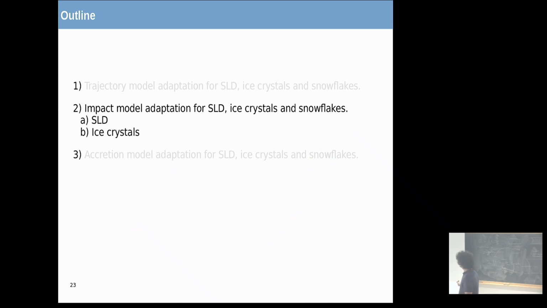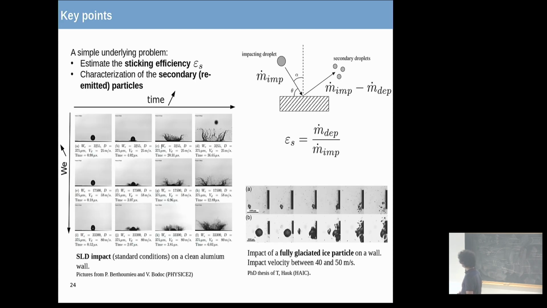Okay, that was for trajectory, and now the more difficult part, the changes which have to be taken into account for impact. The key point, whatever the SLD, a droplet, or an ice crystal, for our application and to feed the accretion model, is to estimate the sticking efficiency.